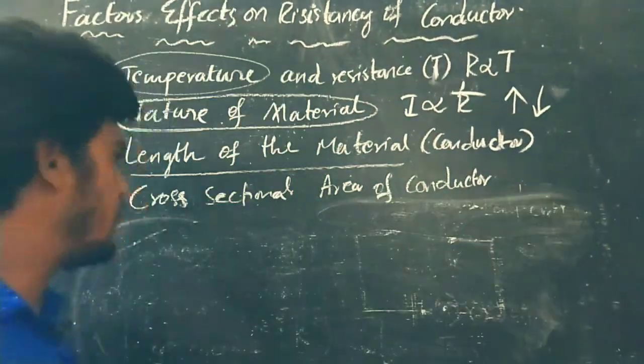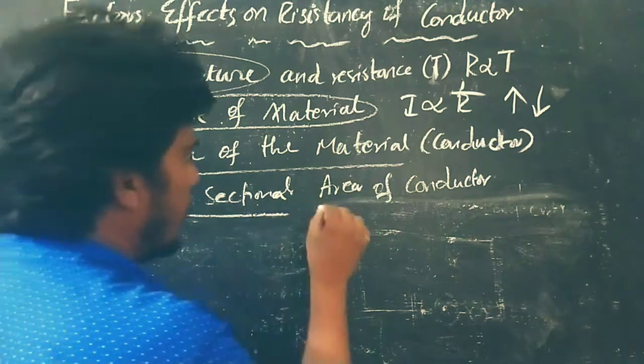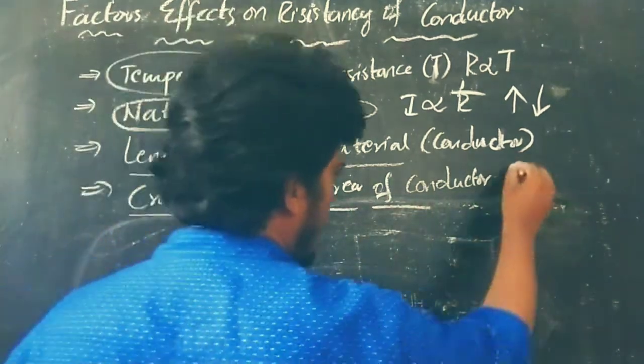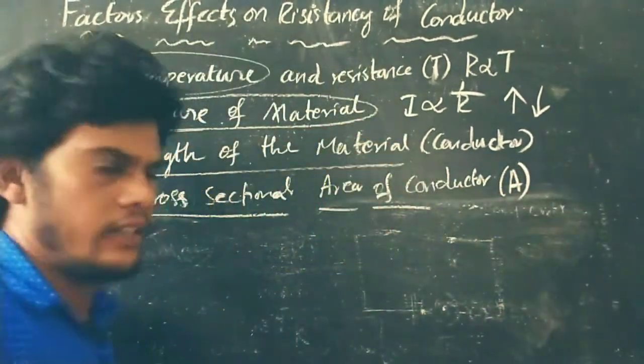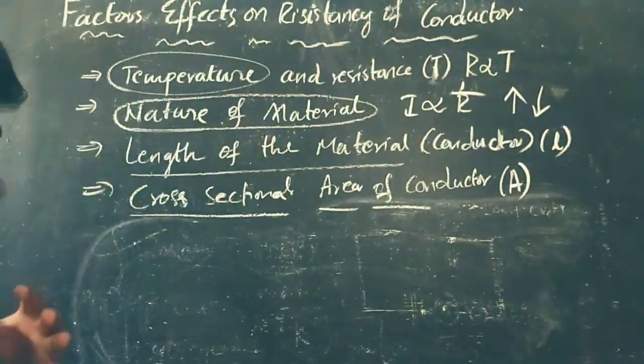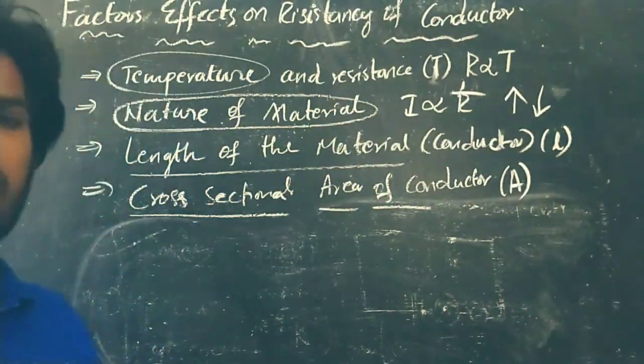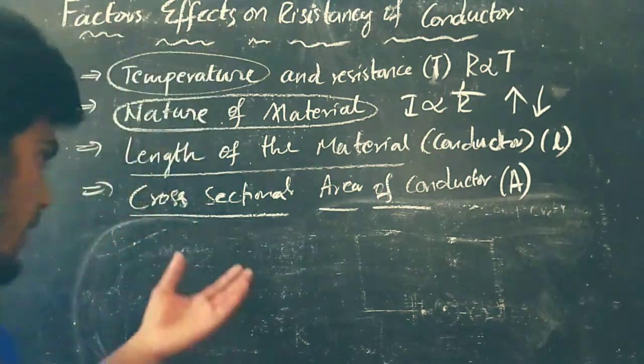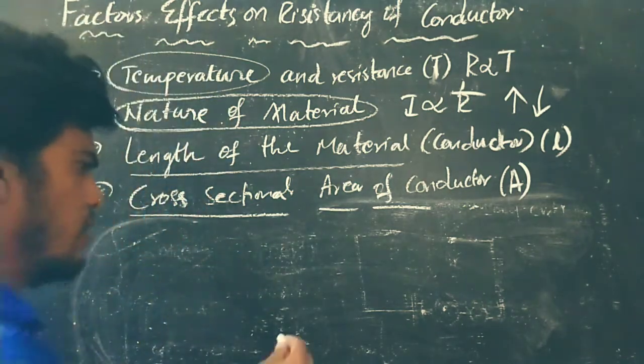Next factor is the cross-sectional area of the conductor. The resistance of any conductor depends upon its cross-sectional area. We know what cross-sectional area is.